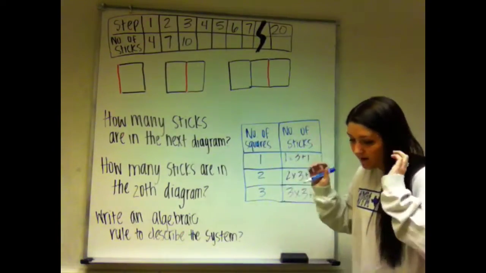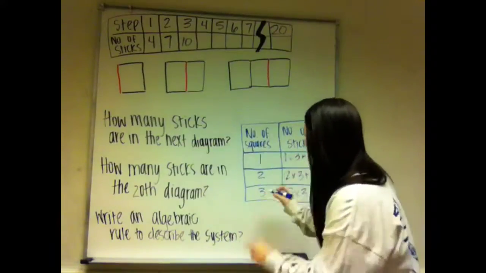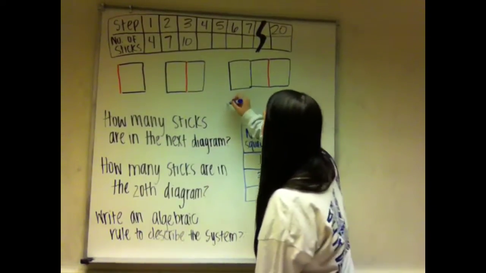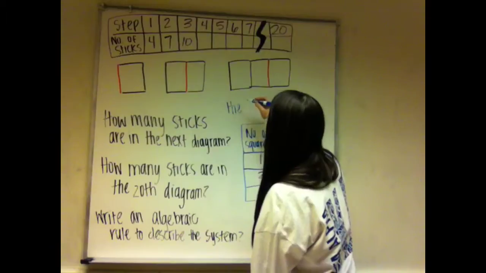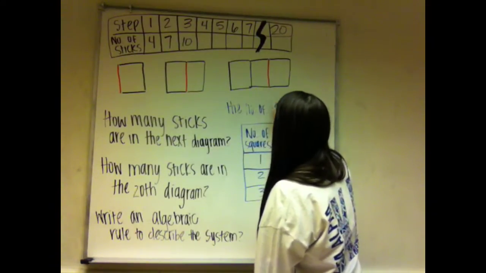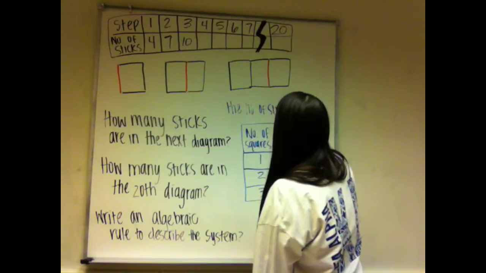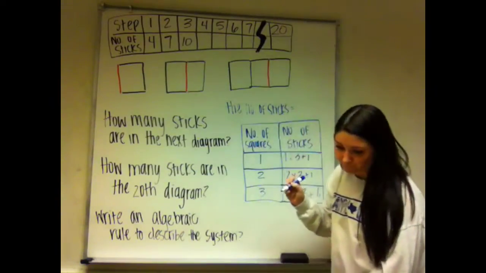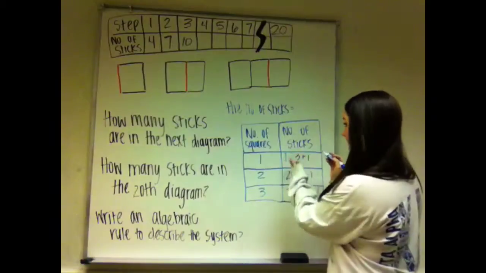So we could say that the number of sticks is equal to the number of squares times 3 plus 1.